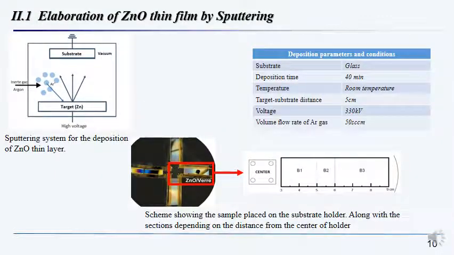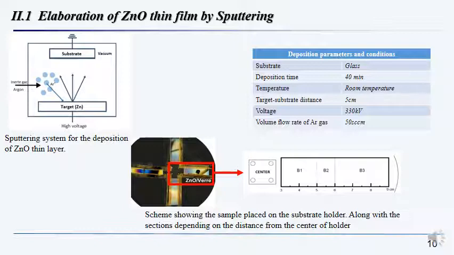The film was grown by a sputtering method at Institut Jean Lamour, Nancy. The sputtering technique could be described briefly by the bombardment of a target plate with energetic ions. Upon condensation, these ions form a thin film on the substrate, as shown in the scheme here.